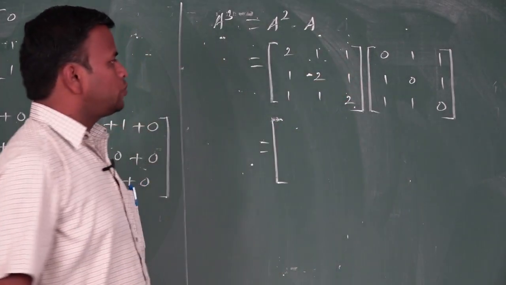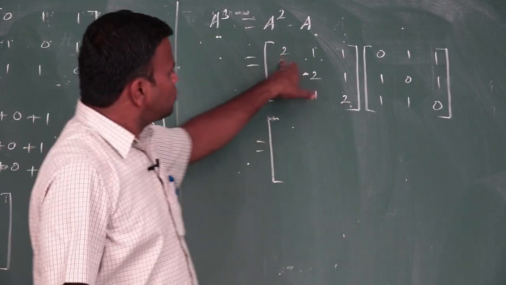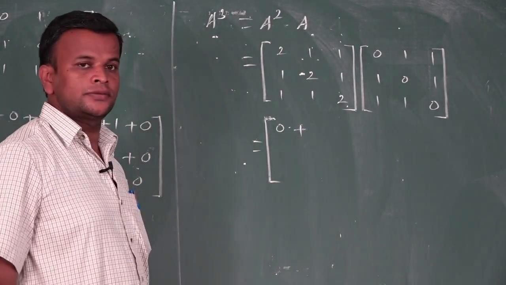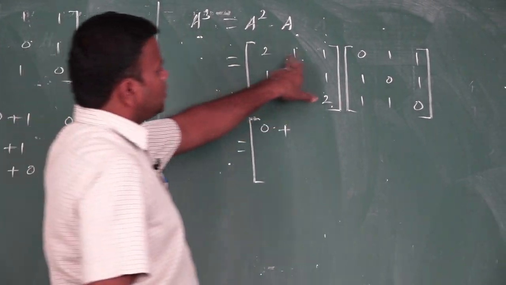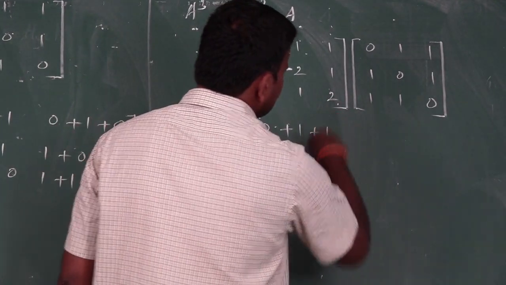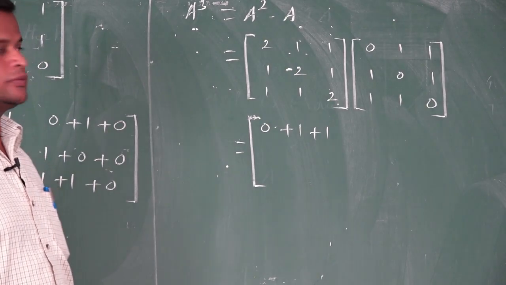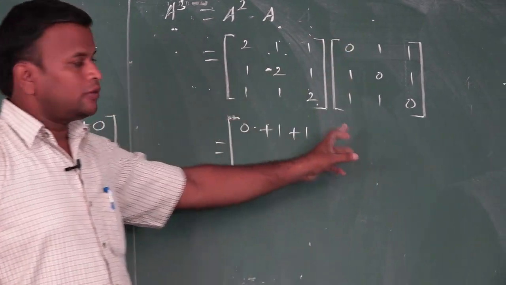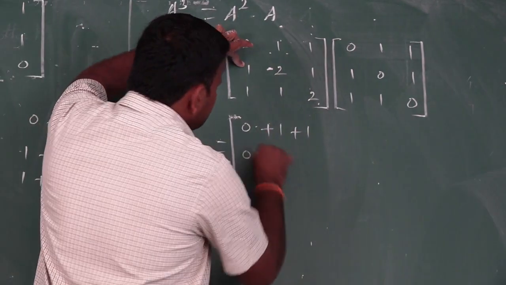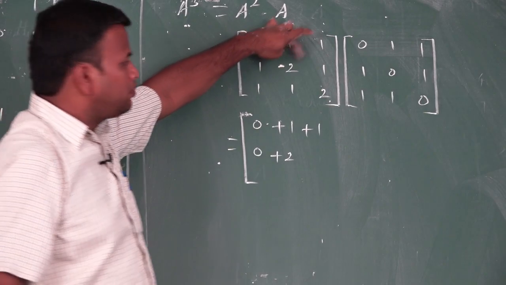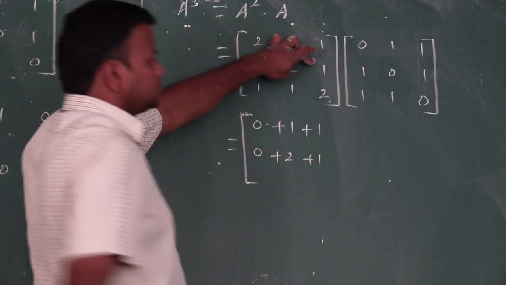Now we multiply these two matrices. First row, first column: 2 into 0 is 0 plus 1 ones are 1 plus 1 ones are 1. Next, second row, first column: 1 into 0 is 0 plus 2 ones are 2 plus 1 ones are 1.